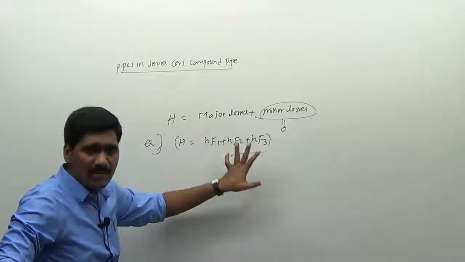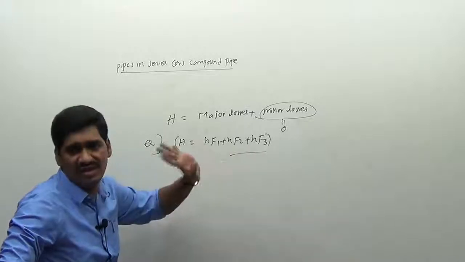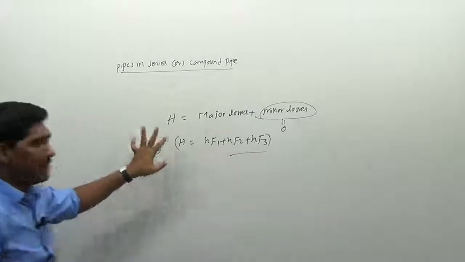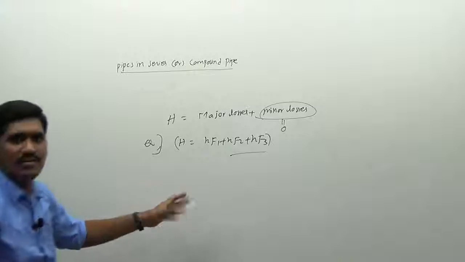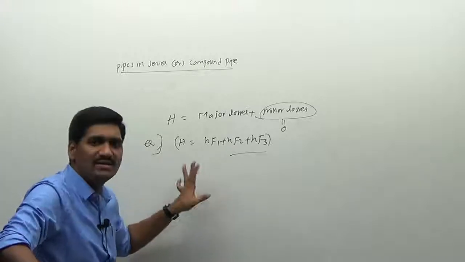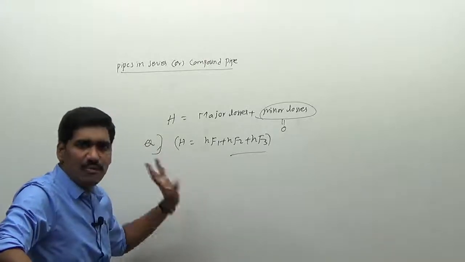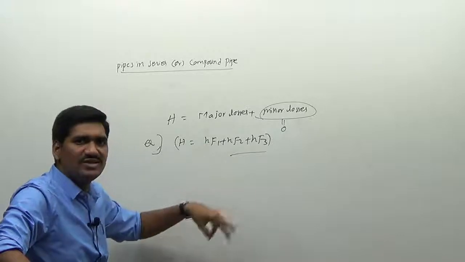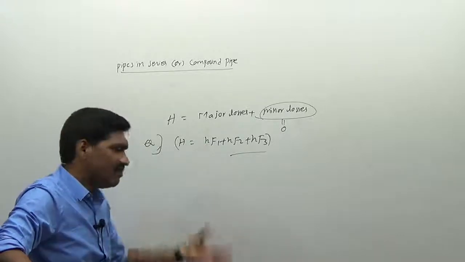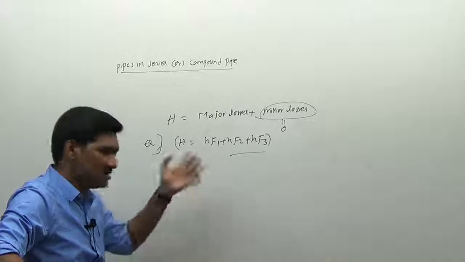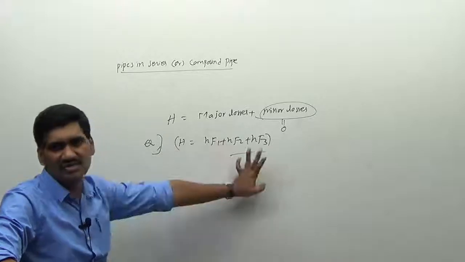If you have different diameters, you can get the values of HF2 and HF3 here. Depending upon the consideration, they may ask us to determine the discharge by considering the minor losses or without considering the minor losses. So just read the question carefully and apply the equation.